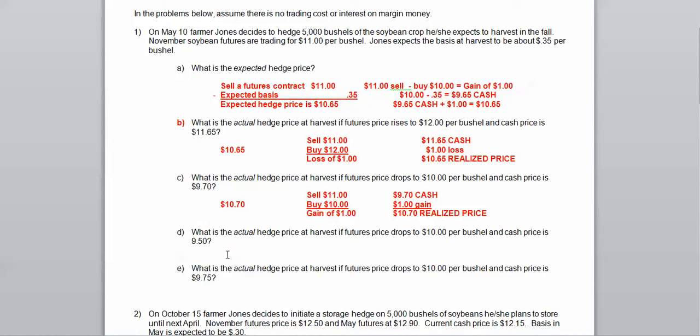So 50 cents is 15 cents wider than the 35 we projected. So we originally had sold for $11. Another way to do this is you just take your original position. We originally sold the contract for $11. We take off our ending basis of 50 cents. The answer is going to be $10.50.